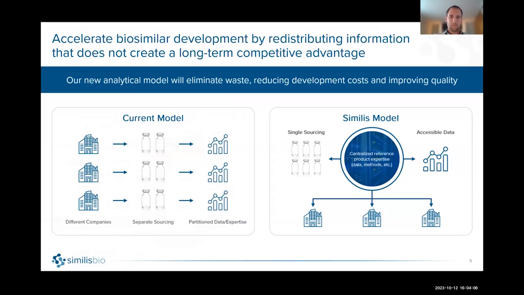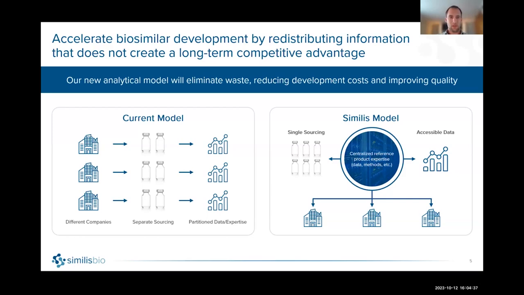So the origin of Similis Bio, as Nick mentioned, my last position was at KBI Biopharma. I was in the analytical group there, so we would work with multiple biosimilar companies. In the current biosimilar paradigm, each company goes out and sources their own reference product, develops analytical methods to characterize those reference products, and then goes on and performs the same analytical testing on each biosimilar product independently.